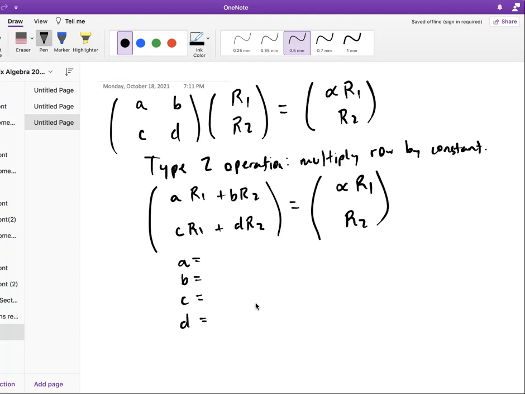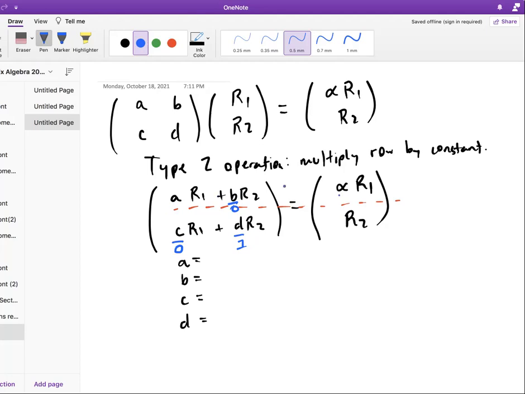All right, so we're solving for A, B, C, D. So we want these to be equal. C equals, well, if C equals 1, oh yeah, C equals 0, right? Because that gets rid of the R1. We don't want that. D equals 1. I agree with that. That's good. And B equals 0 is good. And what would A be?